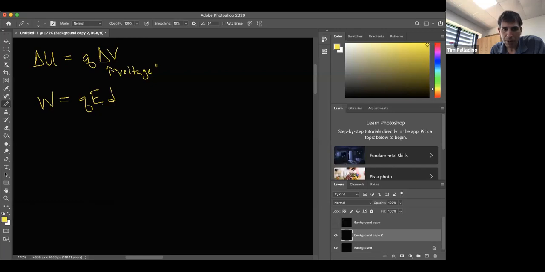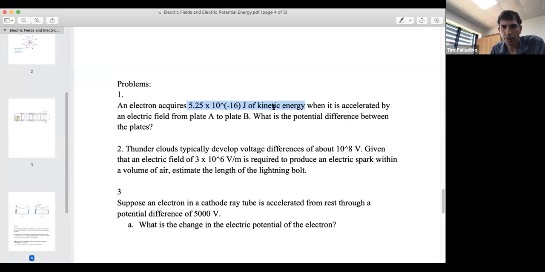They write kinetic energy, but I'm just going to write energy for right now. So energy equals 5.25 times 10 to the negative 16 joules. And this was an electron, right? Yeah, an electron acquires this when it is accelerated by this field. What is the potential difference between the plates?